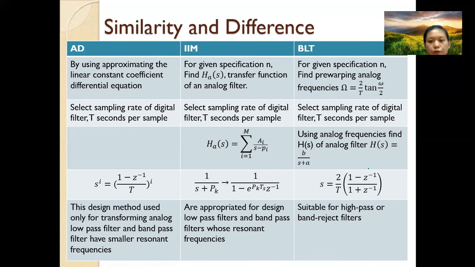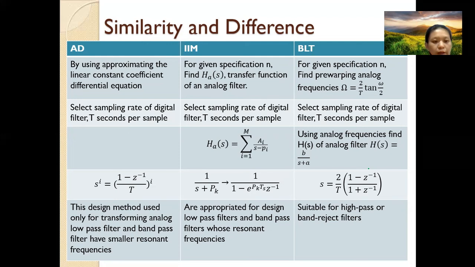For the BLT, we use a specific n to find our pre-warping analog frequency omega, which means we use the equation 2 divided by T tangent omega divided by 2. For the second one, for the AD, we select the sampling period of T seconds per sample. Same for IIM and same for BLT.